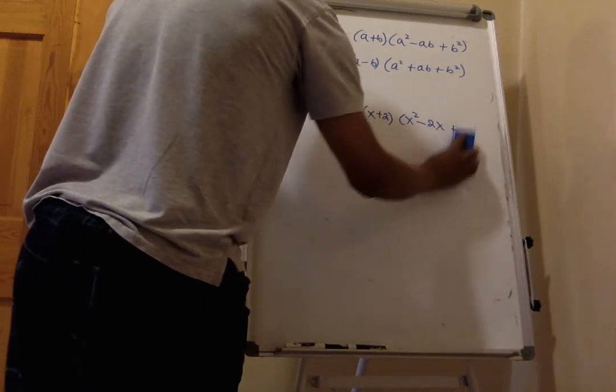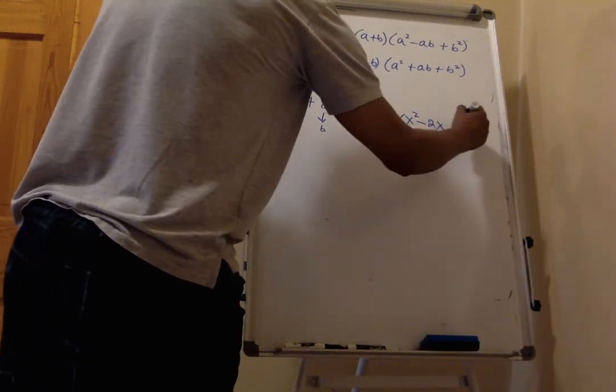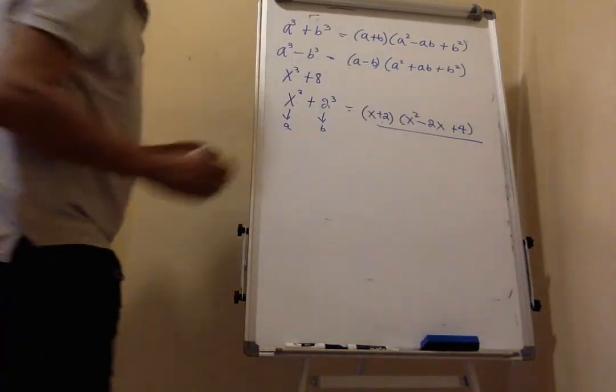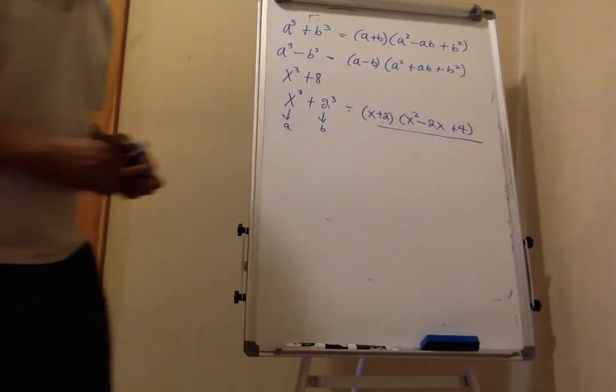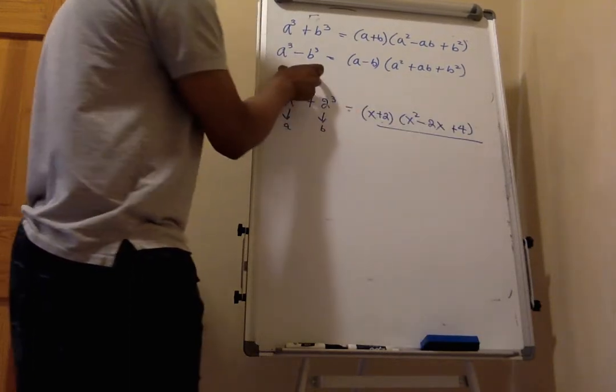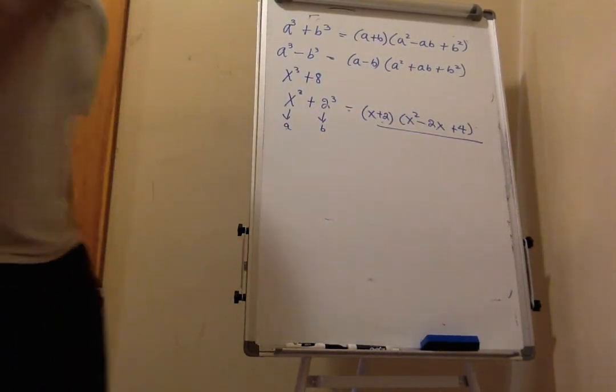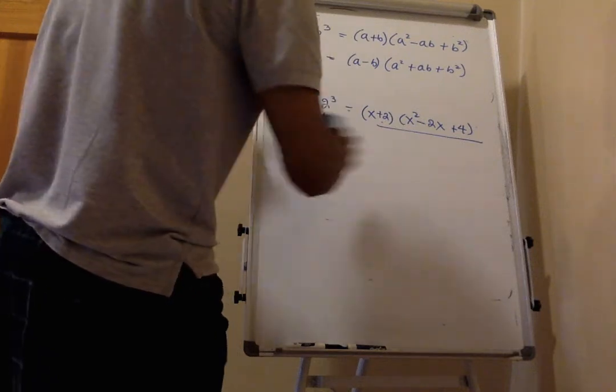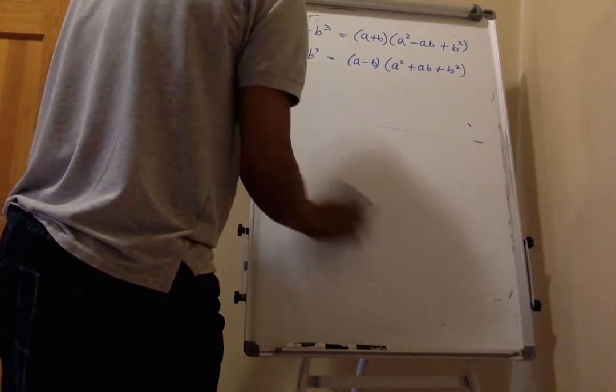So you end up with x squared minus 2x plus 4, you're done. Again, to prove, just multiply x plus 2 by this, you would end up with x cubed plus 8. Okay, that's the idea behind it.